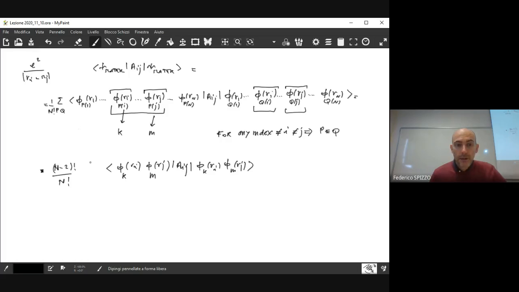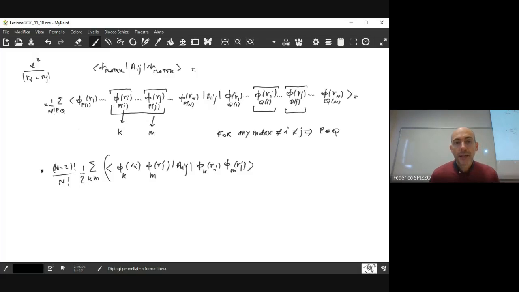At this point, we have a summation over all the possible values of those two indexes, and we also have the 1/2 factor to avoid the double counting.